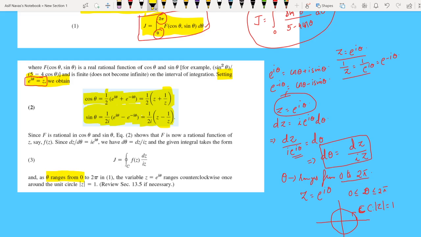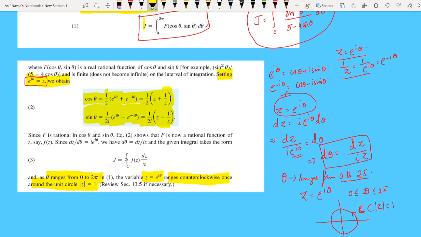The theta ranges from 0 to 2 pi, so the variable z equal to e power i theta ranges counterclockwise around the unit circle mod z equal to 1.